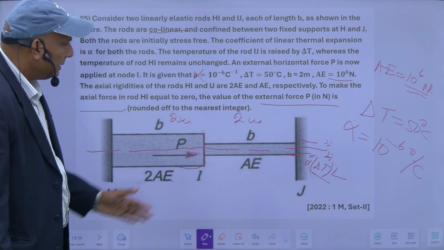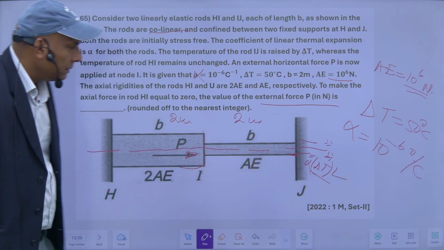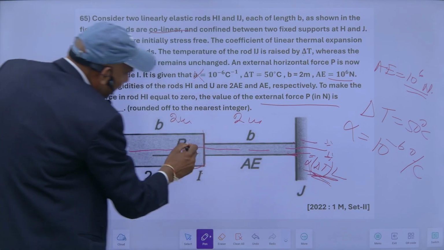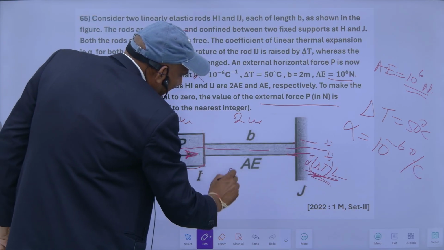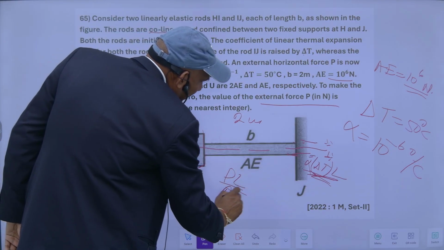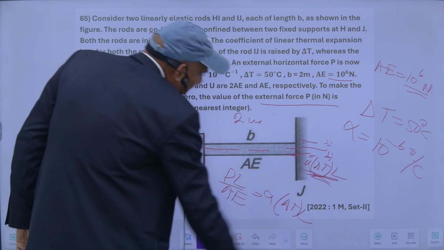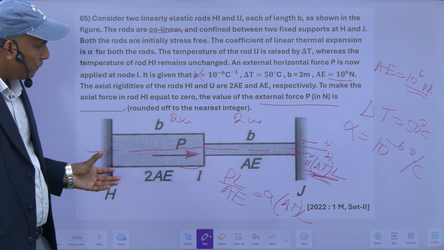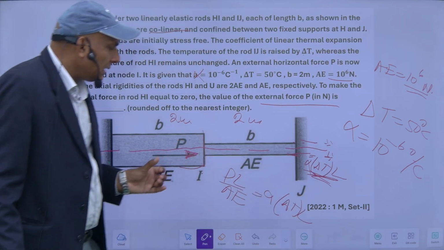But this end is fixed. It means this P will have to compensate for this one. The displacement due to this force will be P L upon AE. So P into L upon AE will be equal to alpha T L. So this will be the formula. The displacement due to this force will be equal to the thermal expansion.